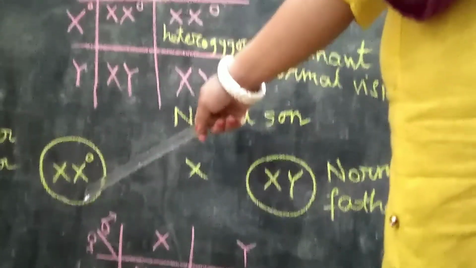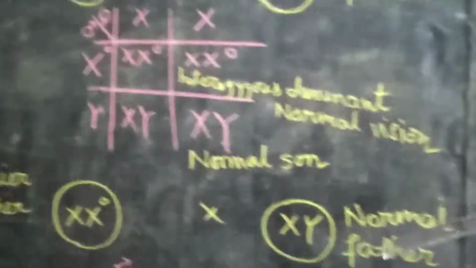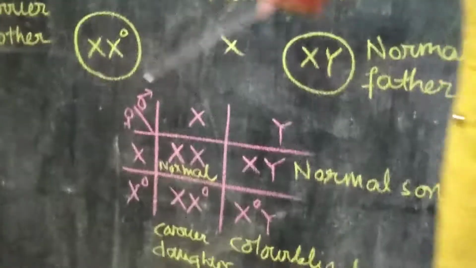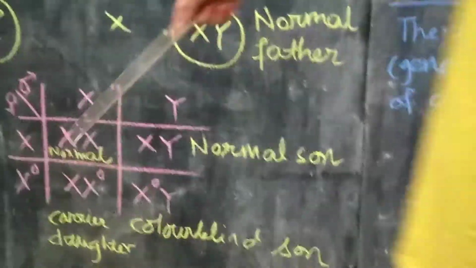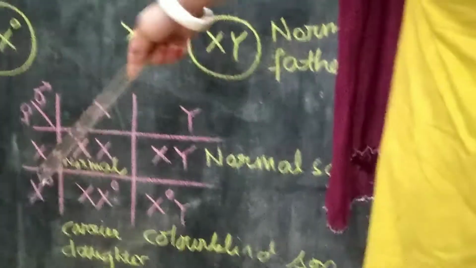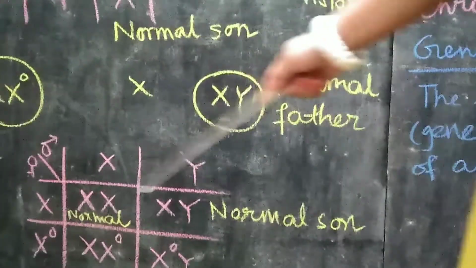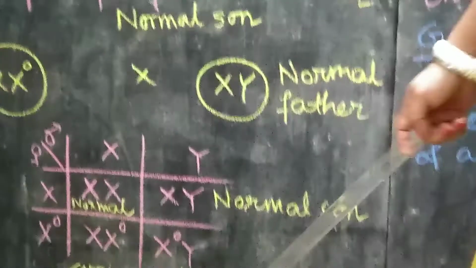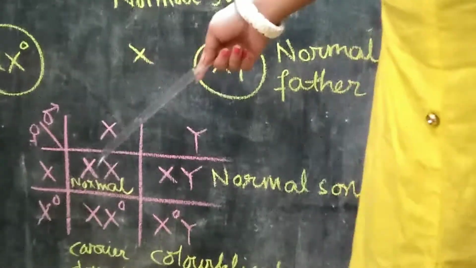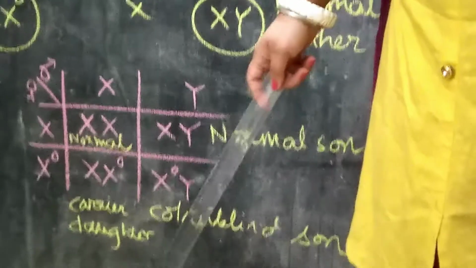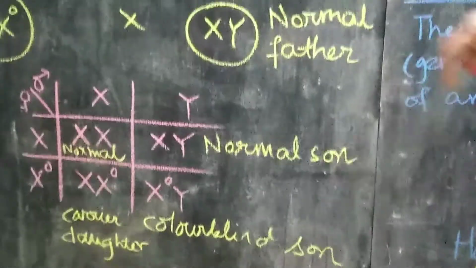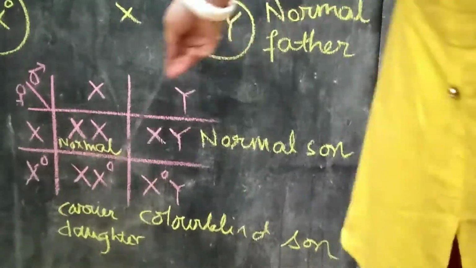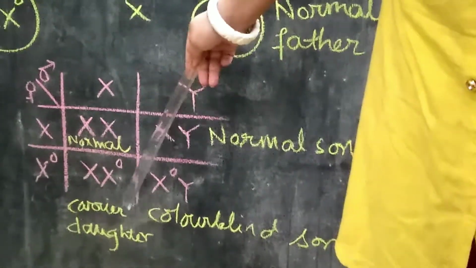The carrier mother will produce XX and XX0 ova, and the sperm will be X and Y, the normal sperms. Here if you cross these two, XX, it will be a normal female. This will be XY, a normal male, meaning a normal son. Here it will be XX0, meaning a carrier daughter.